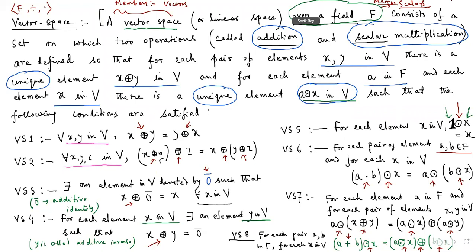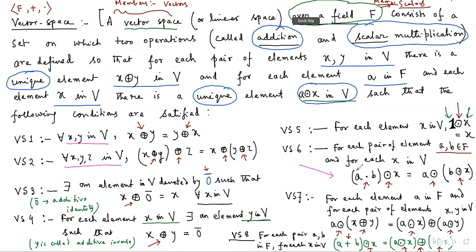Let's come to the property VS6. Carefully observe that in VS6, I used operations defined as follows. A into B when multiplied by x is the same as if you multiply B with x and then multiply that quantity by A. Two types of multiplication operation have been defined here.